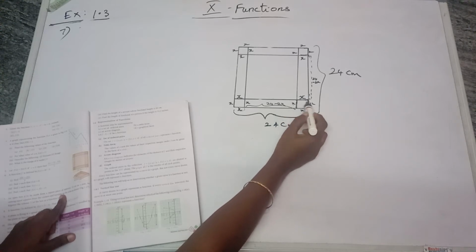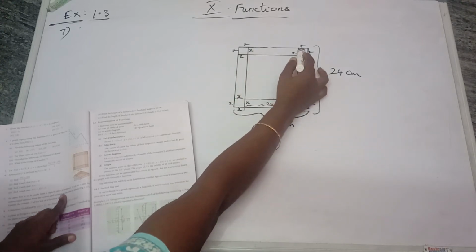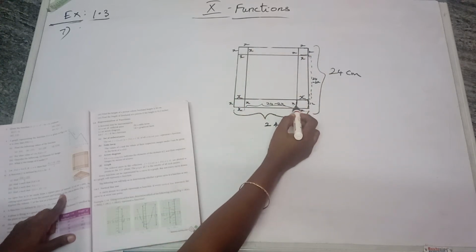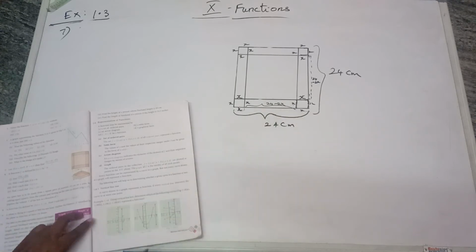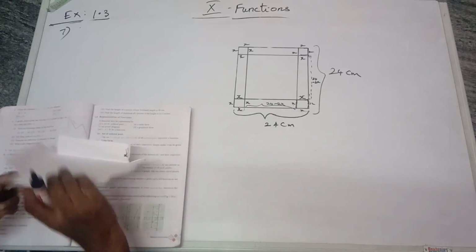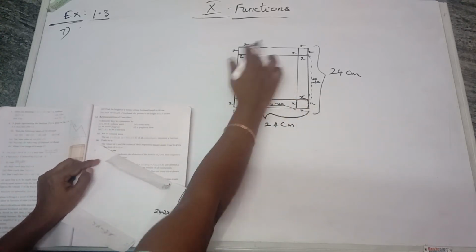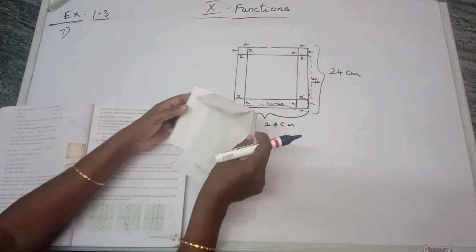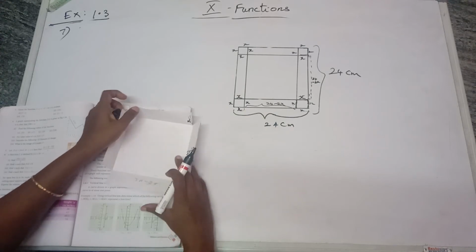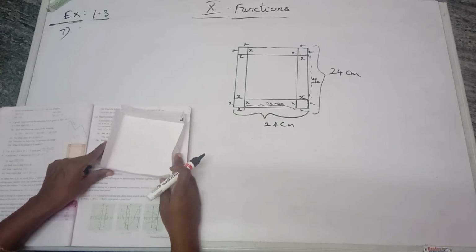All these four sides are x, so from these four corners you cut the equal squares in the square piece material. After you cut the four equal squares, we can have an open box like this.